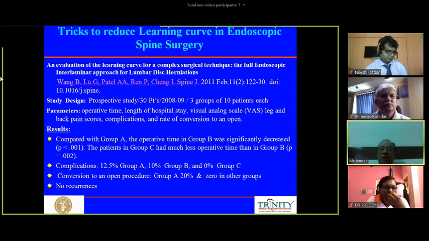So as you do more and more cases, your operative time reduces, complications reduce, and conversion to open procedures also reduces. And as you cross around 30 cases, I think you are quite comfortable with the endoscopic system which you are using in your clinical practice.